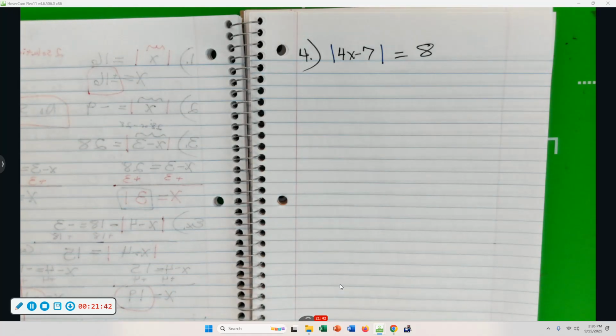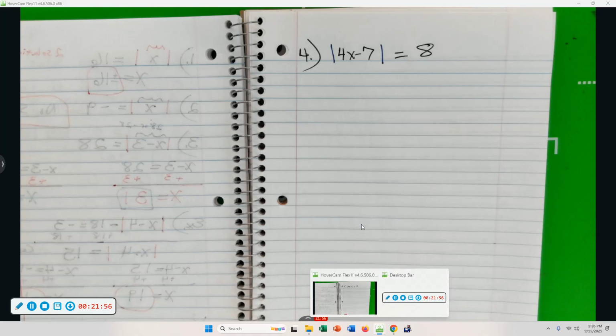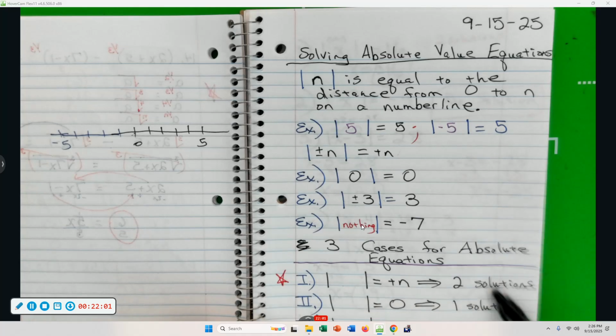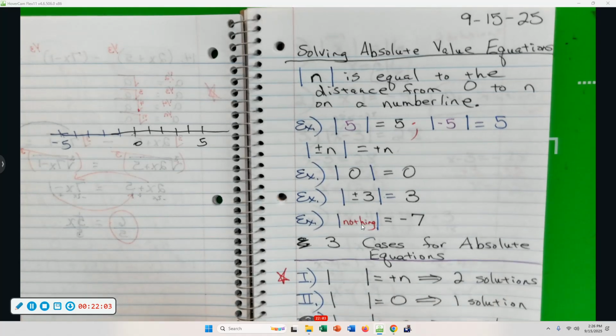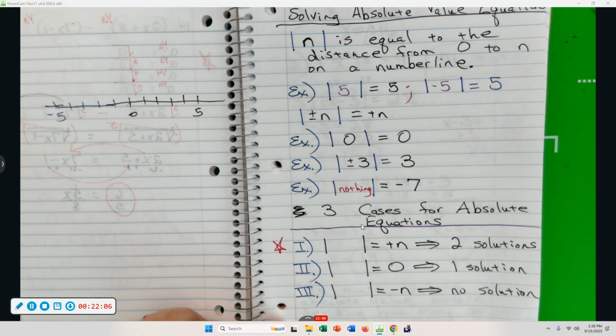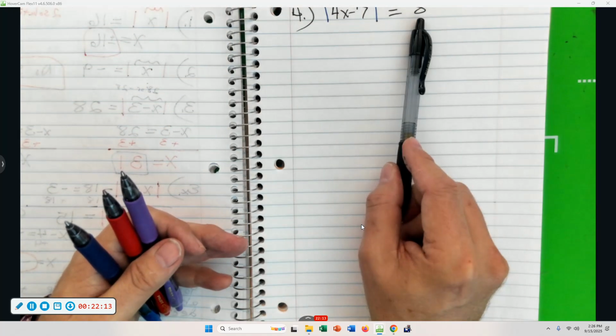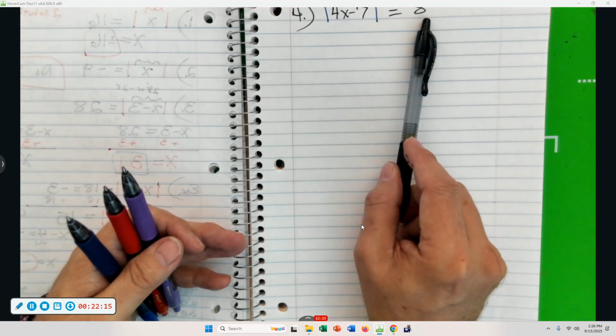Do I have to isolate the absolute value first, or is the absolute value already isolated? It's already isolated, okay? Somewhere along the way, we'll start getting somewhere it's not already isolated. And if you look back, which case am I going to have? Two solutions, one solution, or no solution? We have an absolute value equaling a positive number, so we'll have 2 solutions.